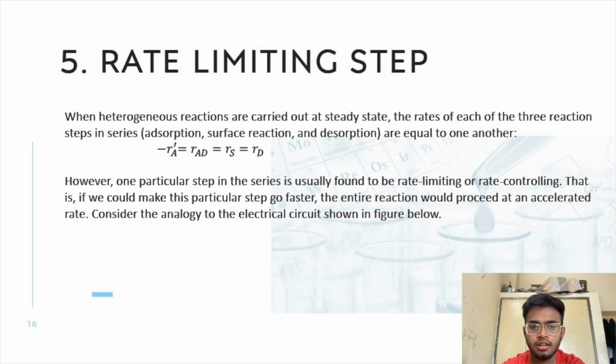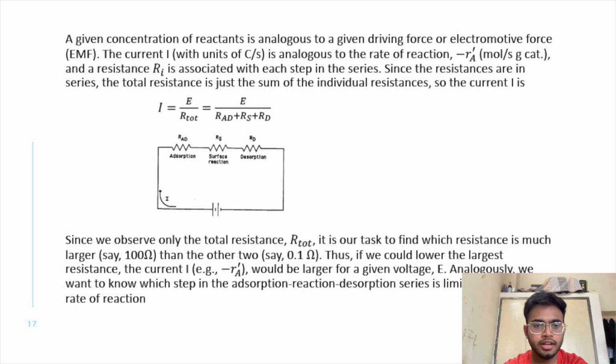Let us consider this rate limiting step with an analogy to the electrical circuit given below. In this circuit diagram, we can see that there are three resistances, that is adsorption, surface reaction and desorption. The total resistance is the sum of the resistances of adsorption, surface reaction, and desorption.